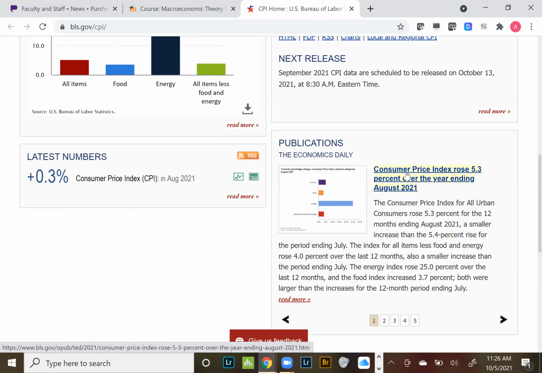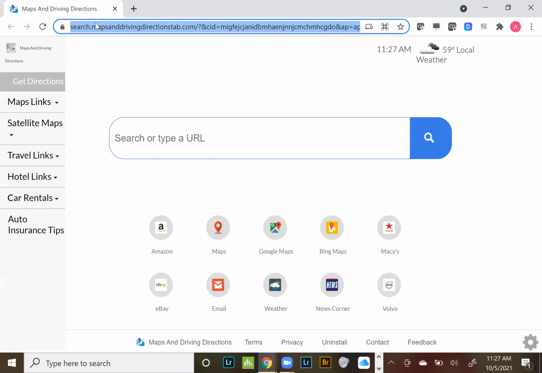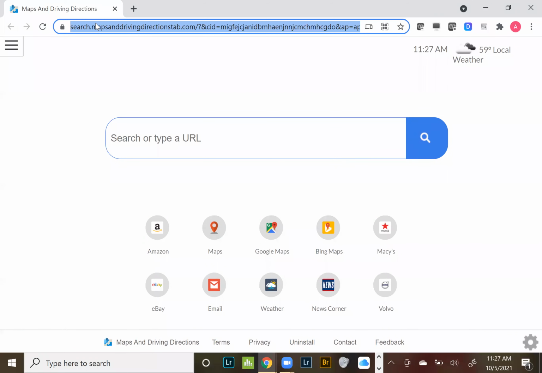Now, there are many countries in the world where the inflation rate is quite a bit higher. We have one of the lower inflation rates, although the champion for low inflation right now has to be Japan. Their inflation rate has been zero or very close to it for at least 30, 40 years. So why don't we see if we can find a chart.